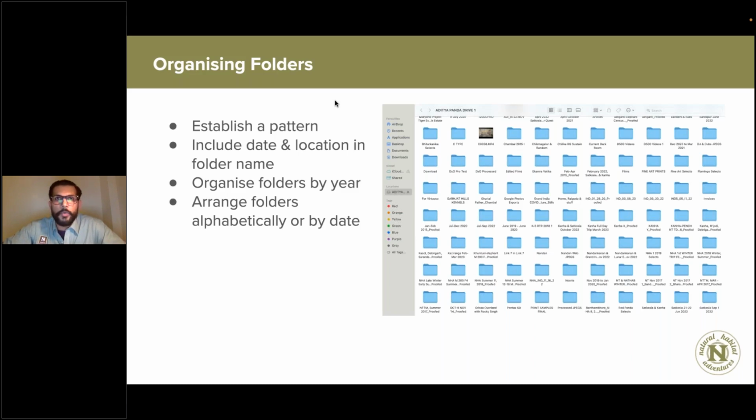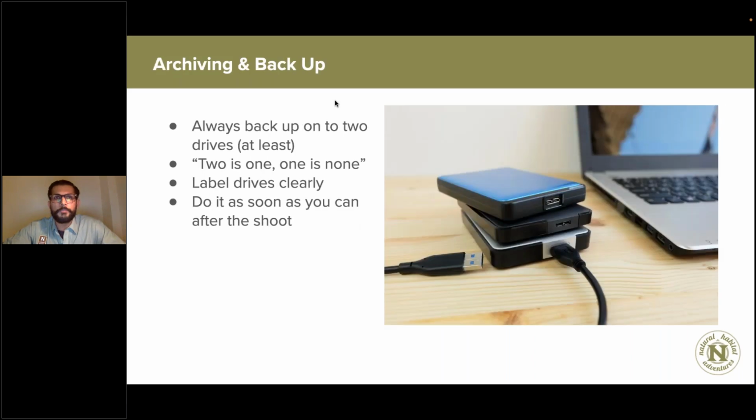At least I know which year to go into when I'm looking for a certain picture. And what I also do is I make sure that on my computer, my folders are arranged automatically. You can choose either an alphabetical order, or in my case, I choose to have them arranged by date, so that I know where to look for them.